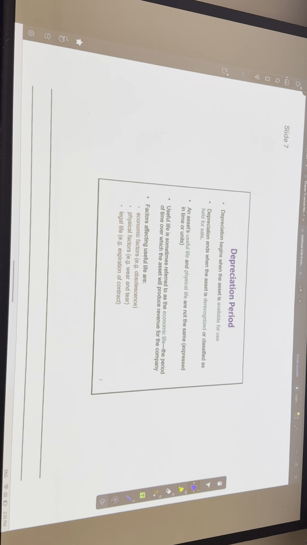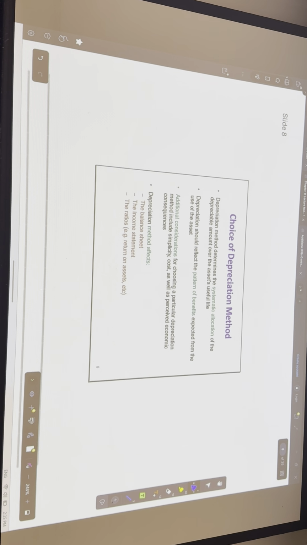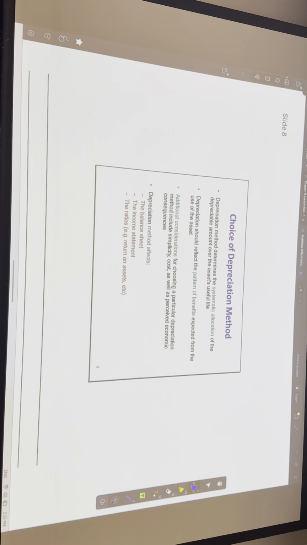Obviously, when you start to choose the method of depreciation, you need to start thinking about things like economic factors, obsolescence, physical factors, wear and tear, and the legal life. The choice clearly will affect the balance sheet and the income statement, so it's worth noting that, you guys.